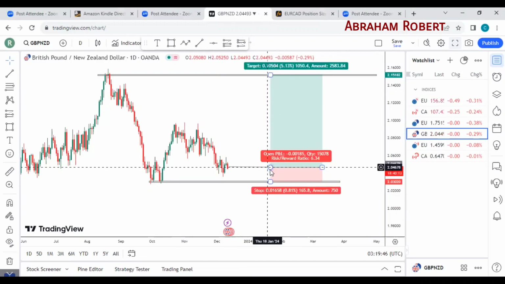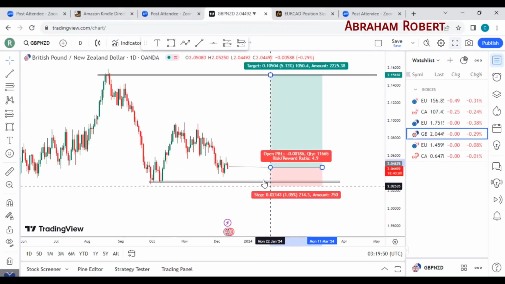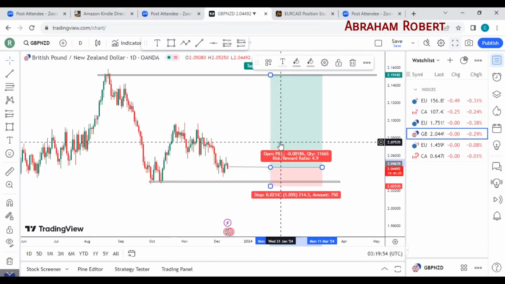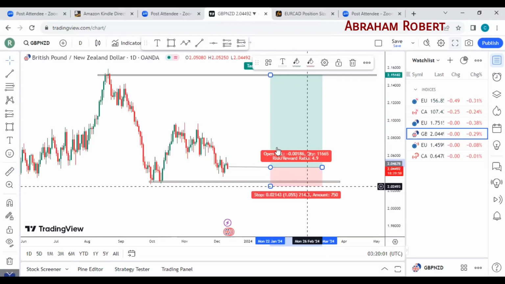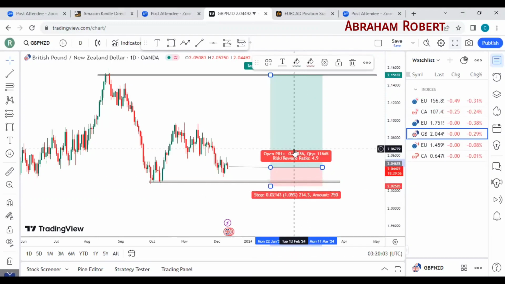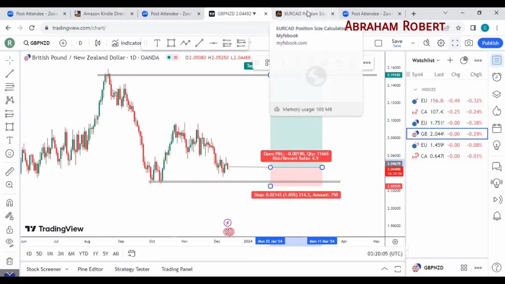This is where we want to enter, and this is where our stop loss will be. If you have gotten this, then this is the figure you need: 214.3.